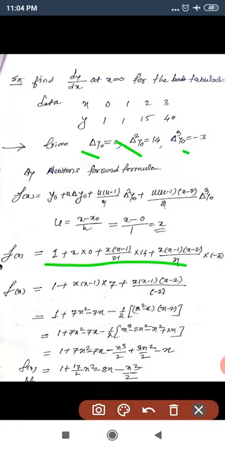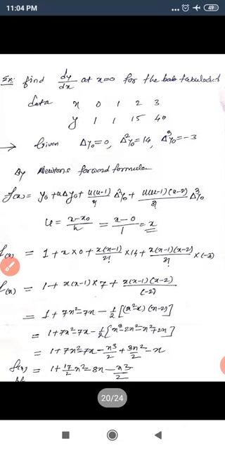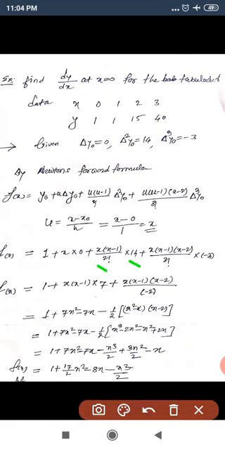Simplify this polynomial. 14 upon 2 is 7, then minus 3 upon 3 factorial 6, which is minus 2. And after simplifying, we get the polynomial 1 plus 7x square minus 7x plus x cube upon 3 plus 3x square upon 2 minus x, which is your f of x.